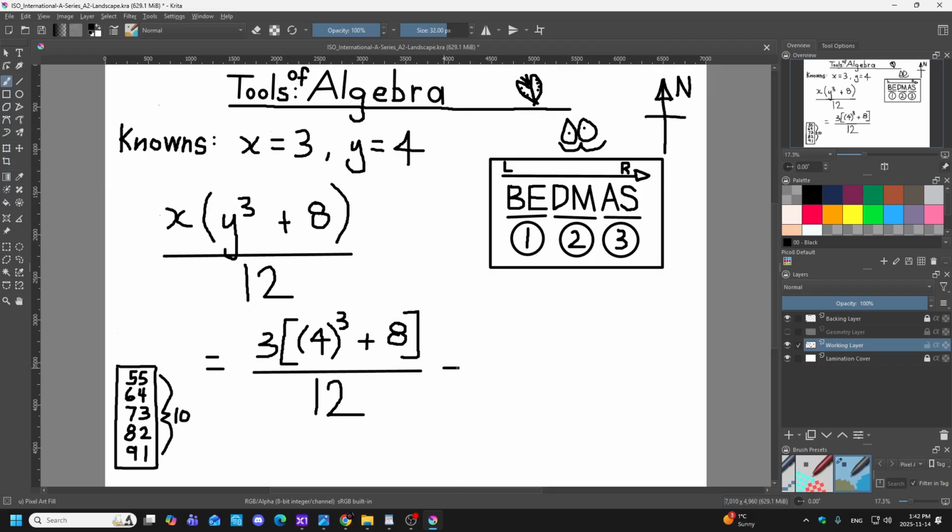Let's continue. We have 3. I'm going to continue with the square brackets. We have 4 cubed. 4 cubed equals 4 times 4 times 4. I'm going to work it here. Don't worry, I'm going to erase it. We have 4 times 4, which is 16.